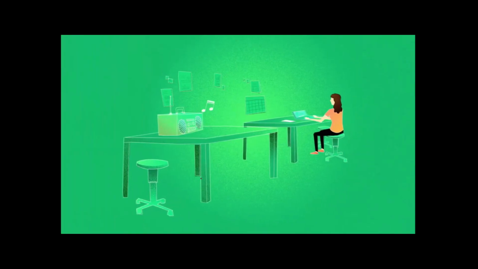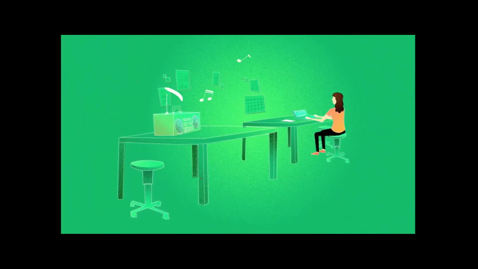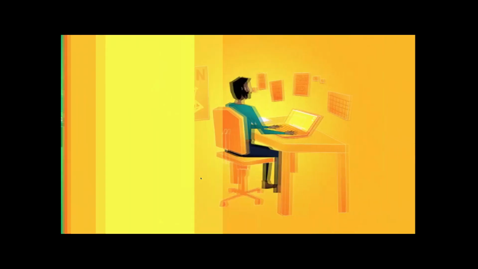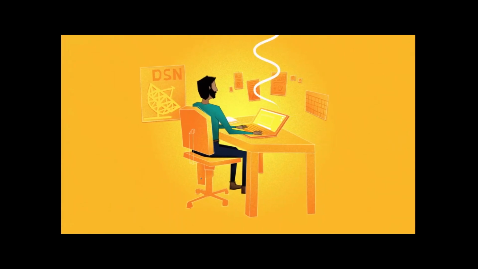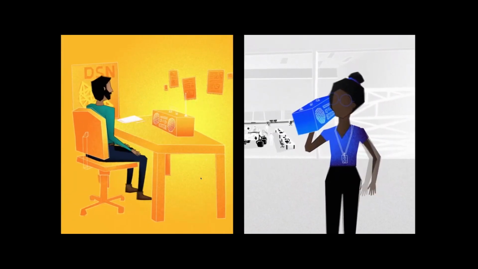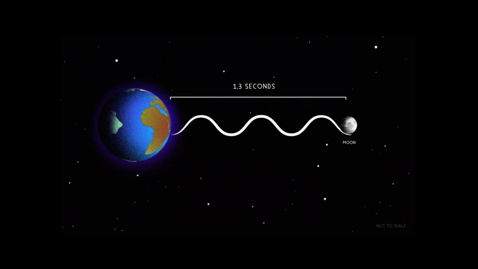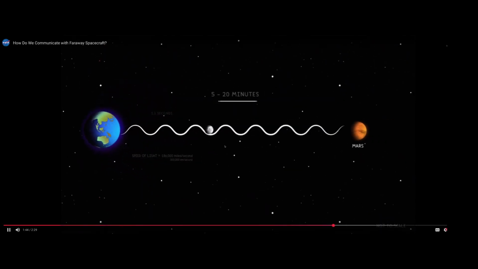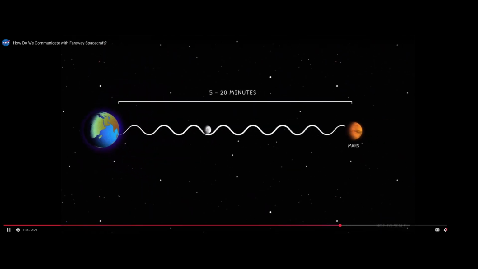Radio waves are all around us. We use them when we listen to music over the radio, or send emails from computers using Wi-Fi, or when we talk on cell phones. Computers and cell phones are actually just high-tech radios. Radio waves also travel really, really fast, at the speed of light. That's 186,000 miles per second. But our solar system is also really, really big.